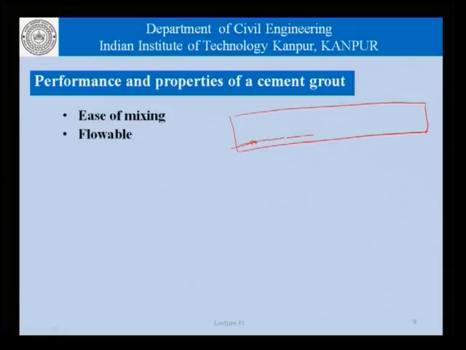May not be the entire 20 meters, because we could be trying to grout through multiple locations, but still there would be a substantial distance involved for the grout to be able to flow. And that is why we need to have flowable grout. At the same time, if the grout is not having a flowing consistency, it would be difficult to even use normal pumps in the construction process.